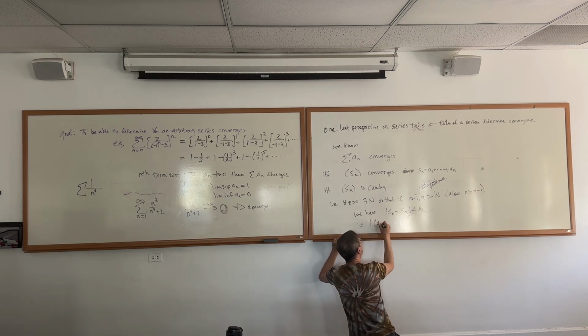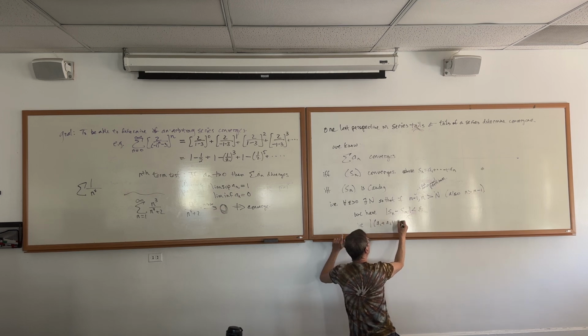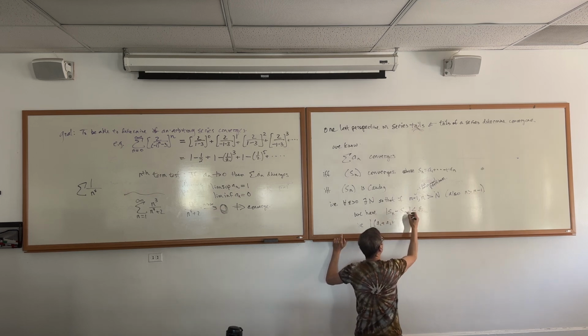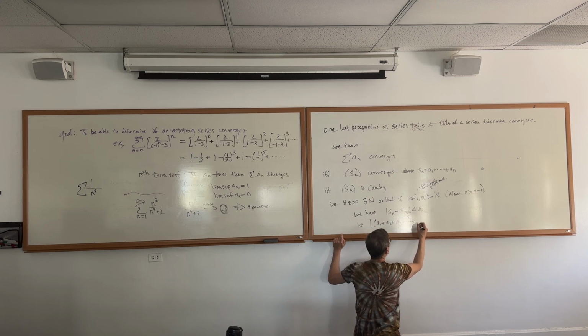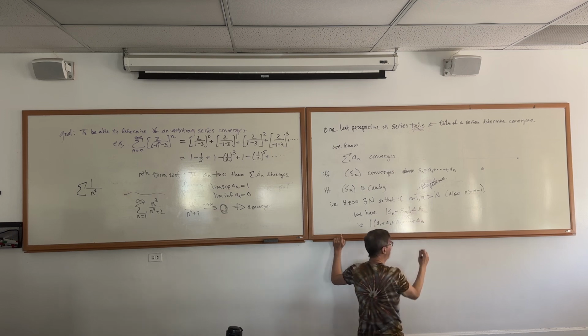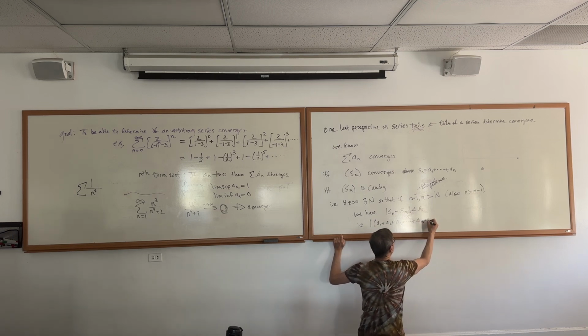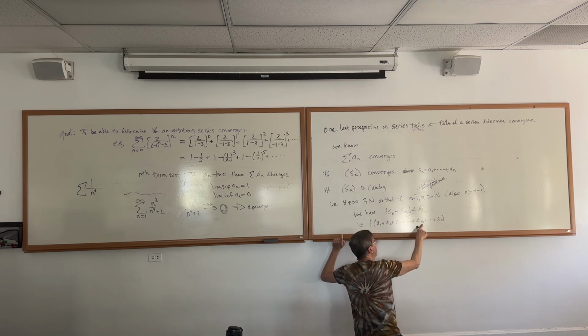So this is a1 plus a2 plus, oh, sorry, this should be m minus 1 here, because that was what I pulled there. Plus a sub 3 plus and so on, and in here somewhere is a sub m, and then I keep going and I get to a sub n, because remember n is bigger than m here.